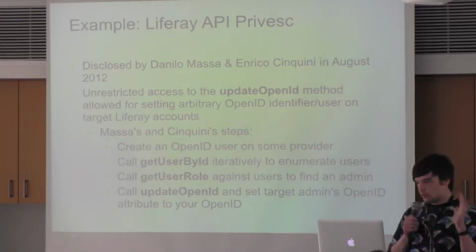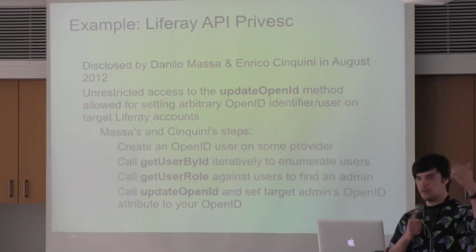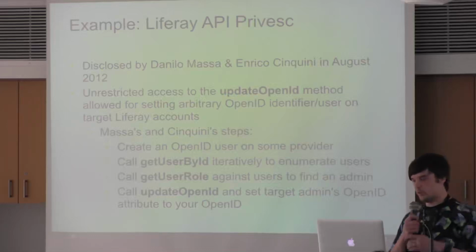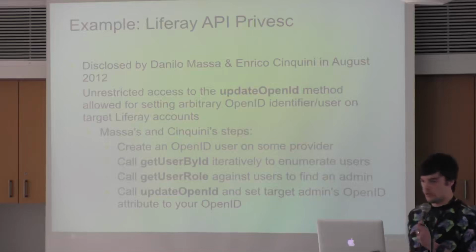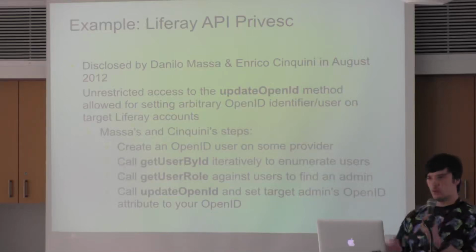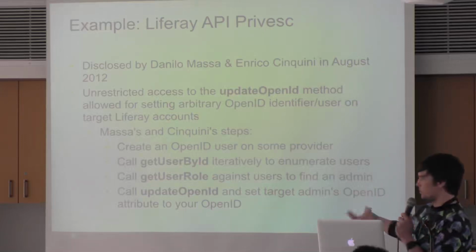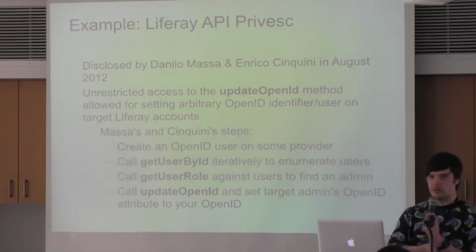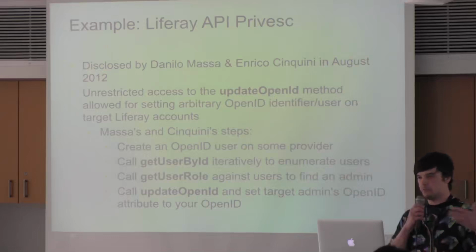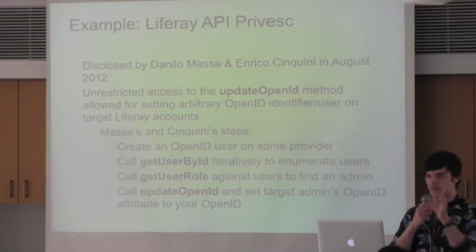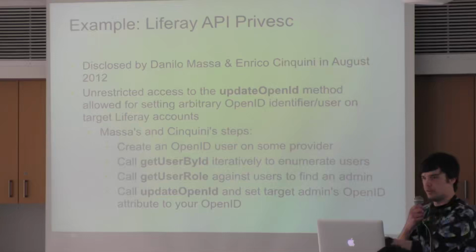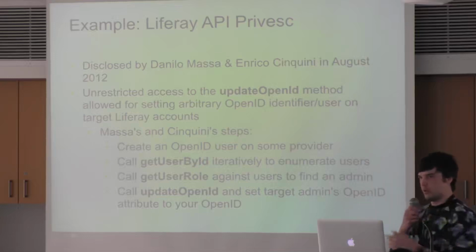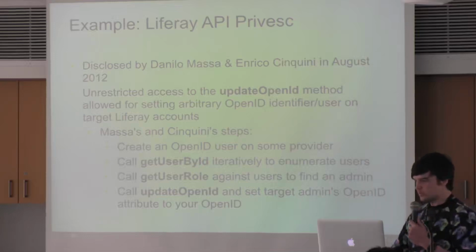So even as an unprivileged user, you call get user by ID iteratively. It's just an integer, so you iterate and enumerate all the users, and for each one call get user role to determine who's an admin. Then as an unprivileged user, call update OpenID and set anyone's OpenID to an OpenID user that you control. You could set that on an admin, then hit your OpenID provider, go back to the relying party, and be an admin.